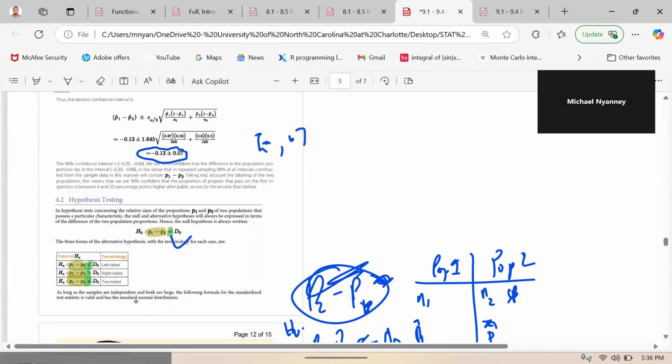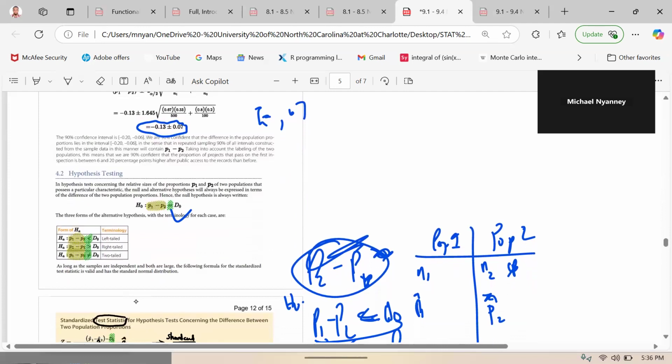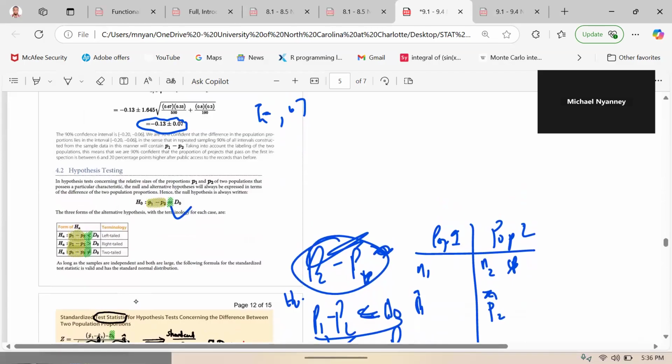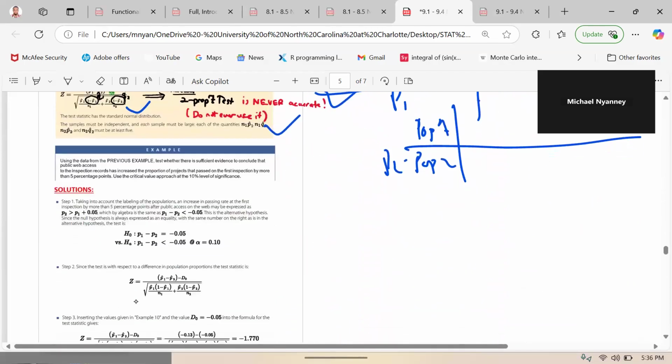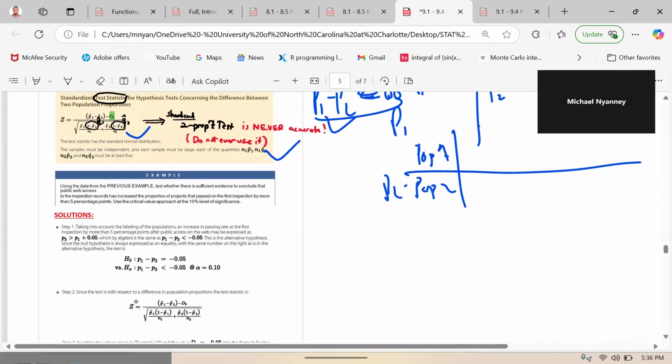So we are formulating our hypothesis with P2. Our P2 has increased the proportion of projects that passed on the first inspection by more than 5 percentage points. So P2 has increased, so we are comparing.